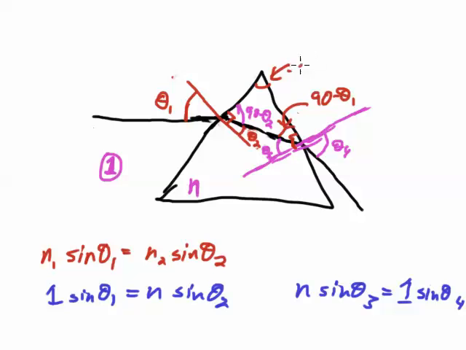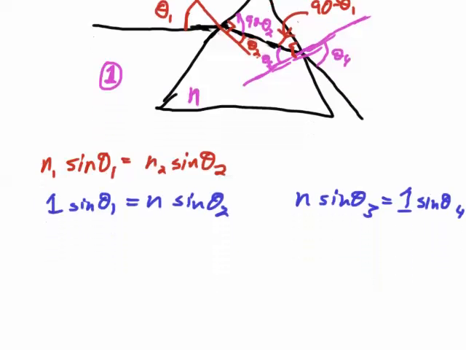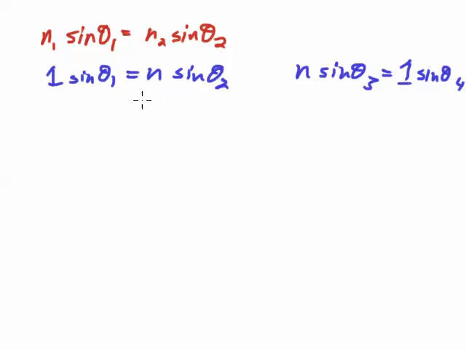And this angle here is going to be an angle of, well, we don't know. No, yeah, we do, because a prism is an equilateral triangle, so these are all 60 degrees. So all the external angles of the prism are 60 degrees. So we can add together this angle plus this angle plus this angle, and the sum of the measures of the internal angles of a triangle is 180 degrees.